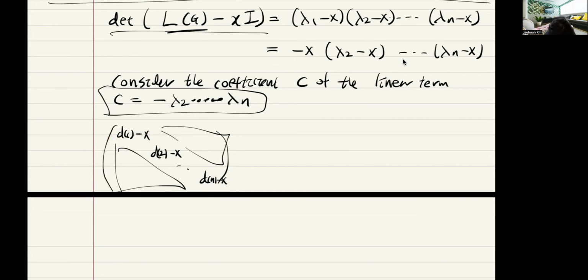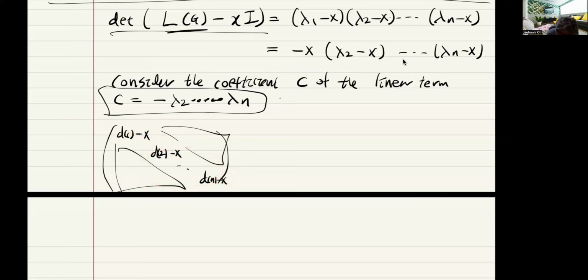You keep adding these, then you get the determinant. And in order to obtain the linear term, you choose one, and you don't consider the terms that further multiply x, and then you take the determinant and then multiply, and you keep adding them.